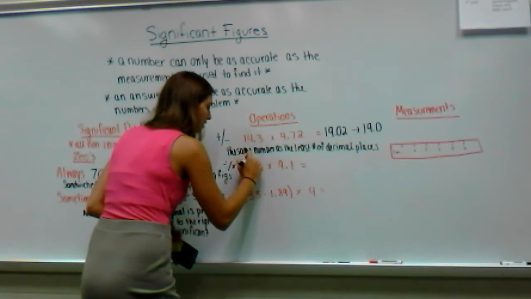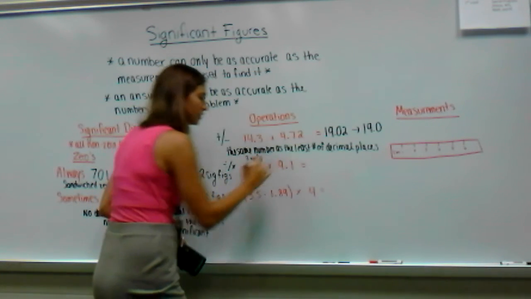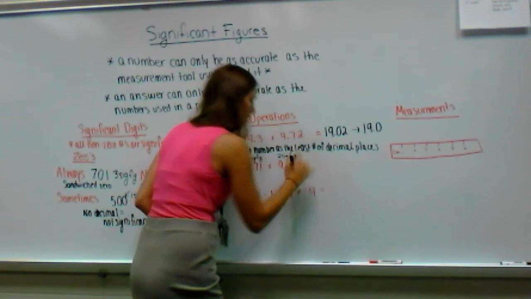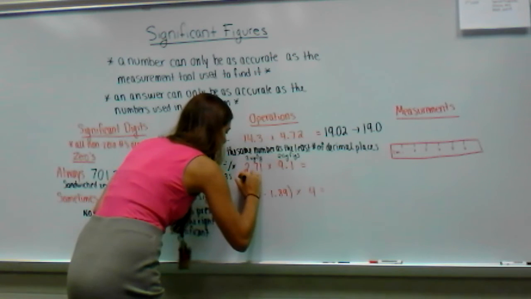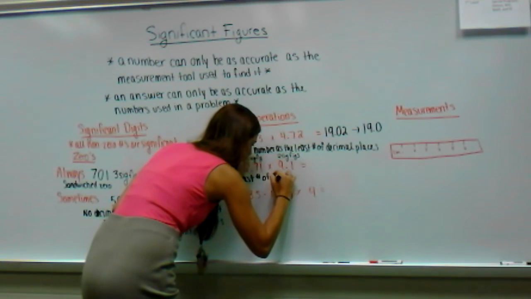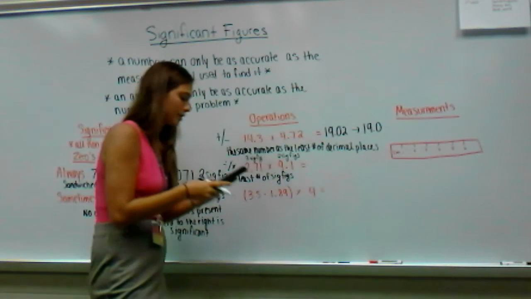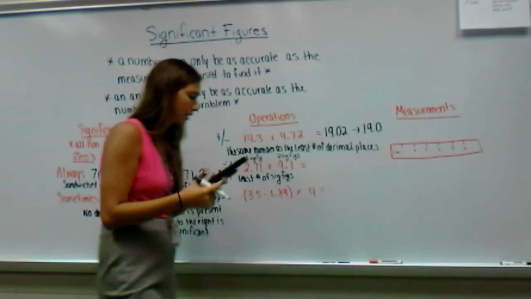So here we have 3 sig figs. Here we have 2 sig figs. Our answer has to be to the least number of sig figs. So here we're going to plug this into our calculator, 2.71 times 9.1.